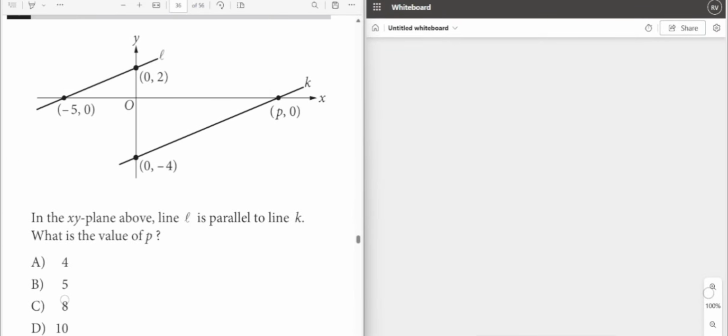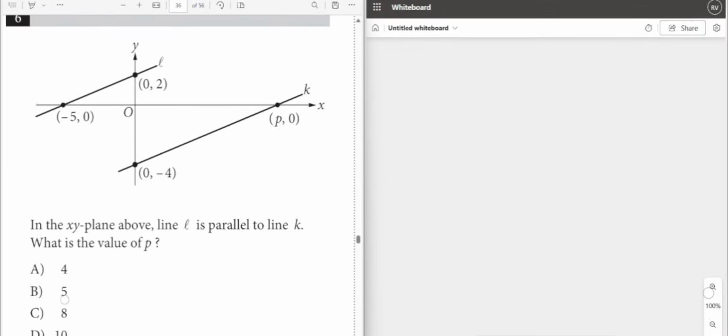Right here, I'm looking at it. Line L is parallel to line K. What is the value of P? They're trying to figure out this thing. It's gonna be something about slope, and both of them are equal to each other. So this y2 minus y1 over x2 minus x1.